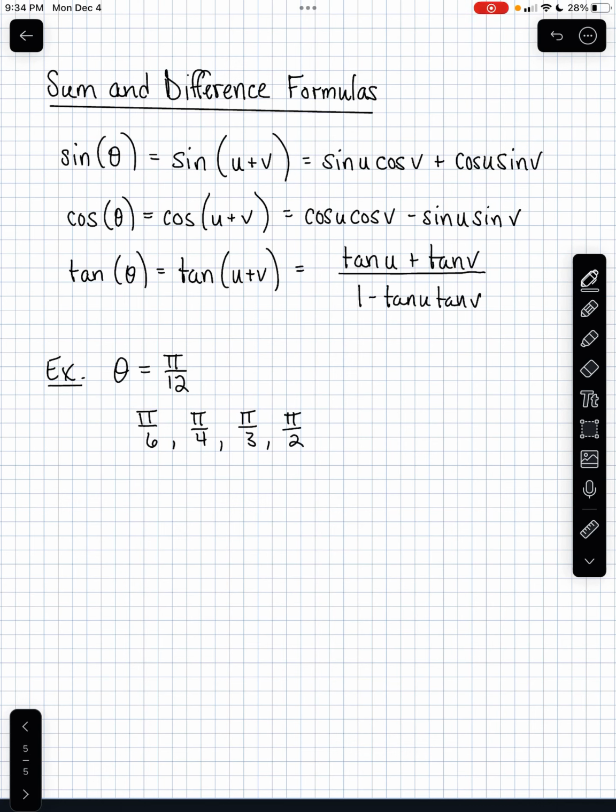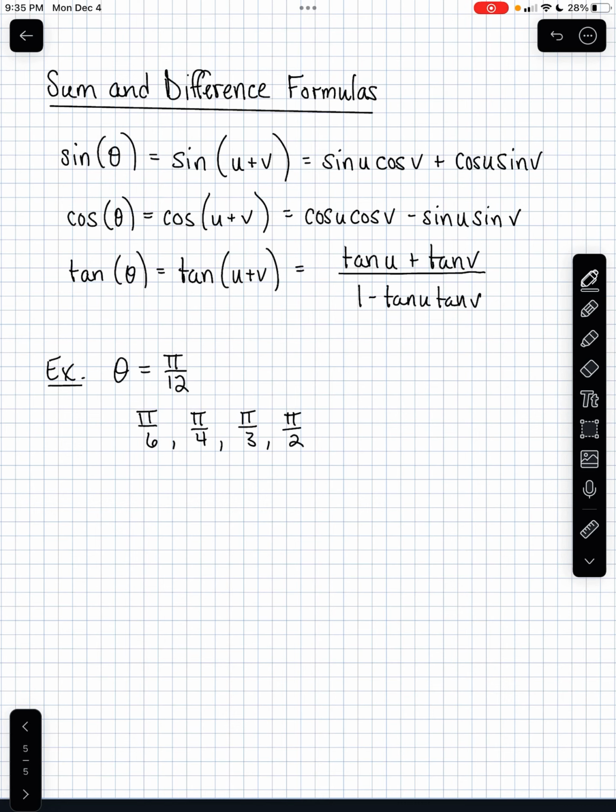Now, part of what is going to make this tough is that each of these is a fraction of pi, but they all have a different denominator, and that makes it hard to figure out a sum or difference. But that's also part of the key. If we're trying to write pi over 12 as a sum or a difference, in order to add or subtract any two of these fractions, they need to have a common denominator.